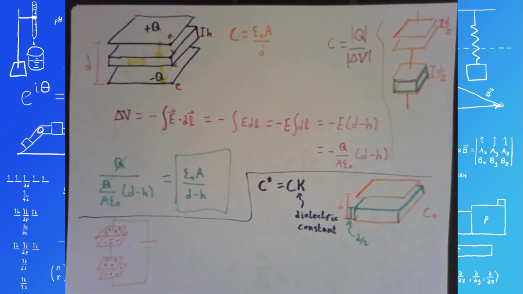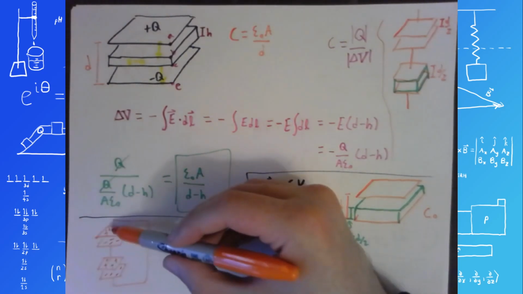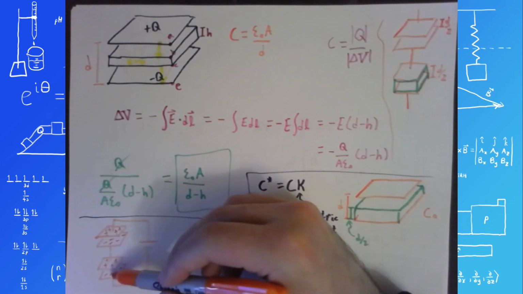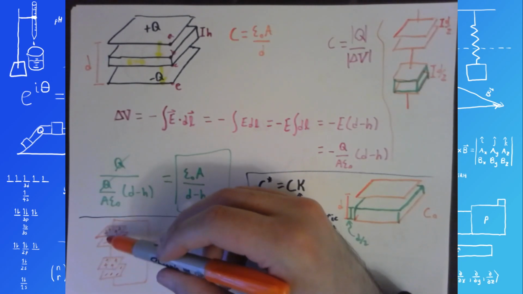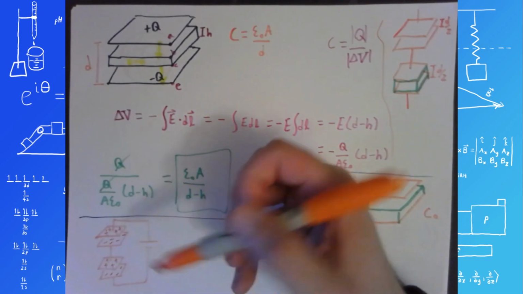And the total charge that leaves this top plate is going to equal the total negative charge that hits this lowest plate, which is going to be equal in magnitude to the positive charge left behind on this third plate, which is going to be equal in magnitude to the negative charge that gathers on the second plate.